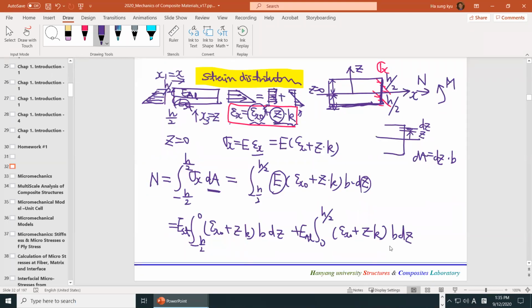Okay, so this one, now we can easily integrate.